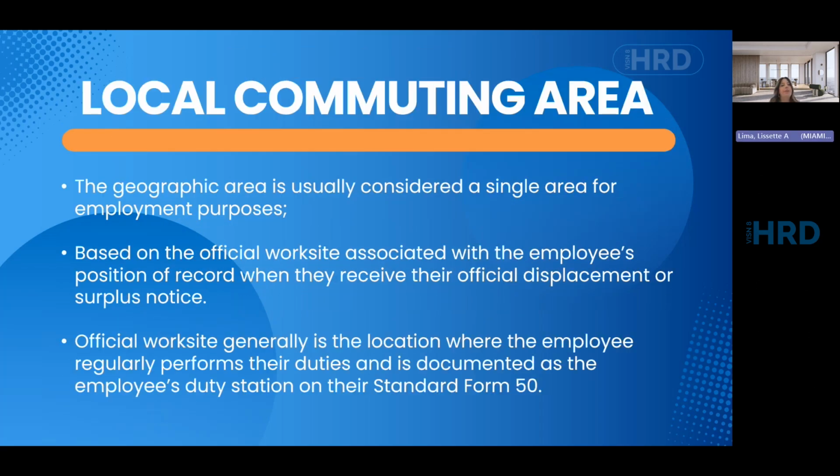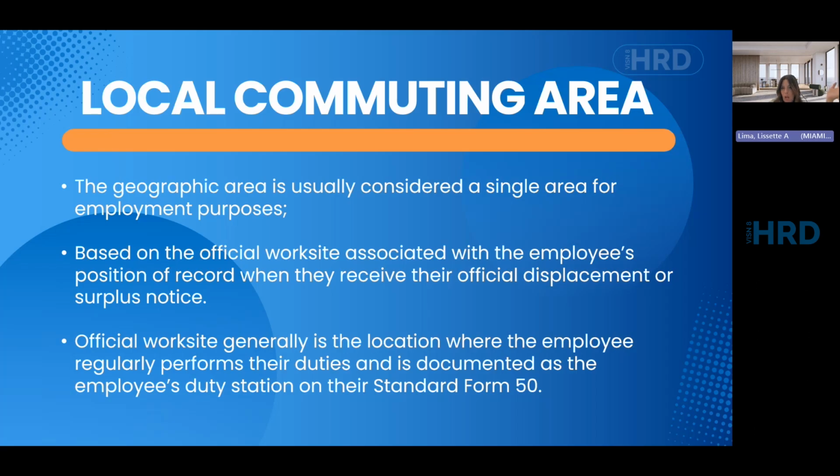Okay, so again, you're going to hear local commuting area probably in every circumstance throughout defining the eligibility and priority. So just to explain what is considered the local commuting area. It's usually considered just a single area for employment purposes, and includes any population center and surrounding localities where people live and routinely travel back and forth daily.